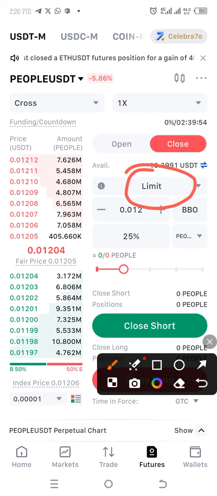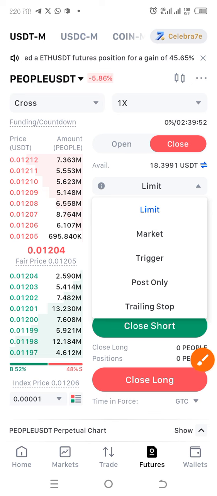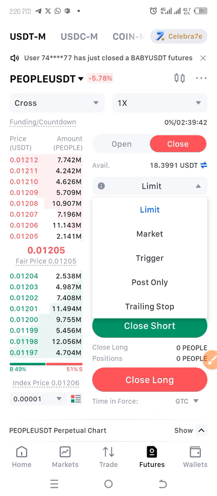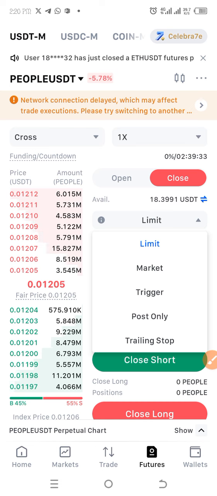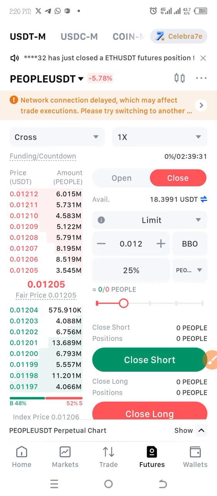If yours is on market, I only use market when I want to trade a new coin, which we are going to discuss in our live chats today. So I only use this sometimes, but not always, because even trading a new coin I also use limit orders, which I'm going to explain to you today if you join our Twitter live chat.